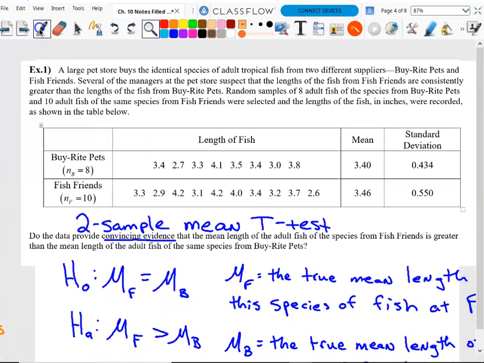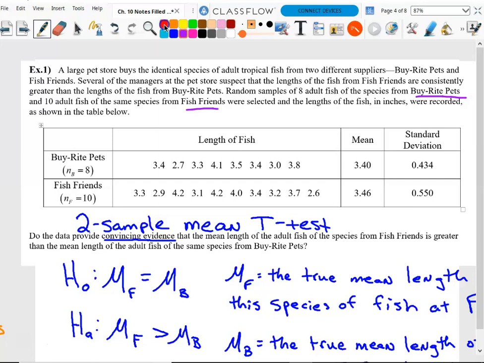So anyways, we're talking about two different pet stores. Hang on, talking about Fish Friends versus Buy Right. Okay, who cares?